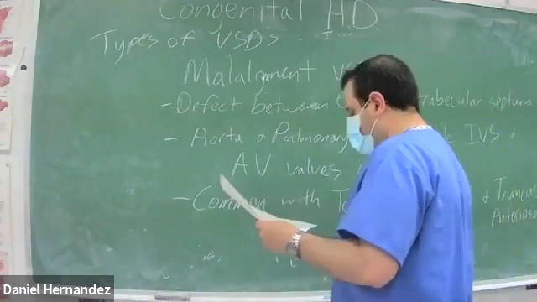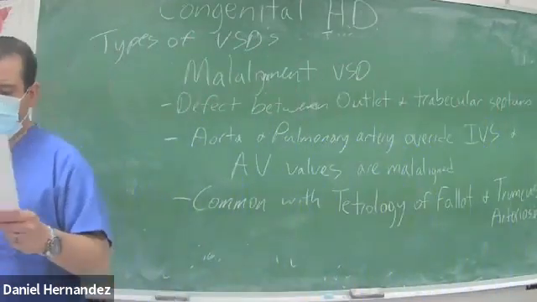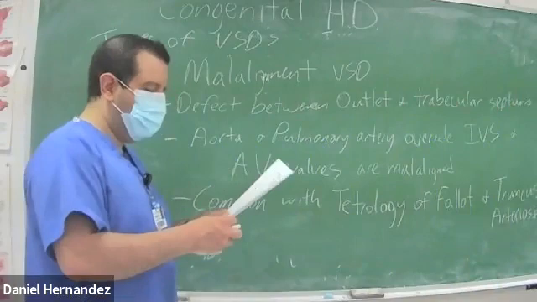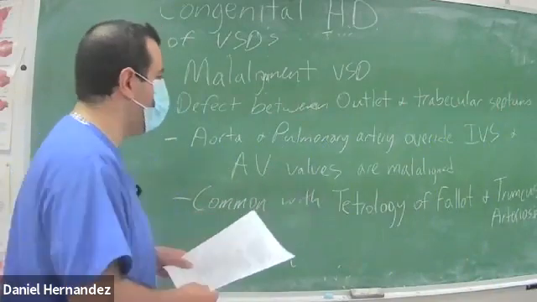Truncus arteriosus is when we have one trunk draining both ventricles, so one main vessel.